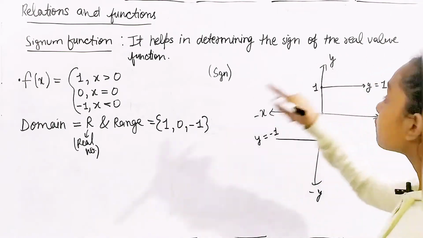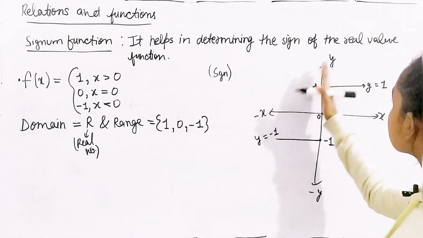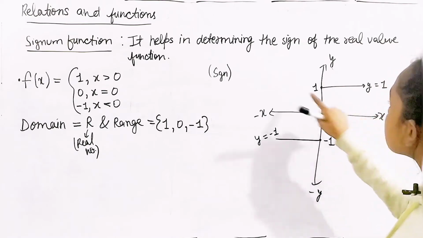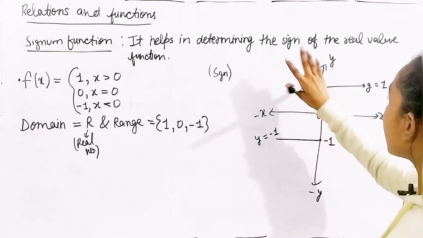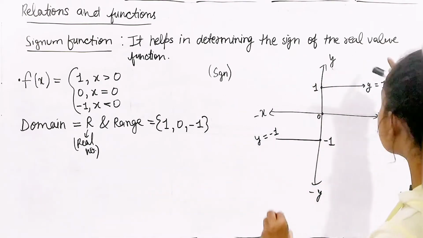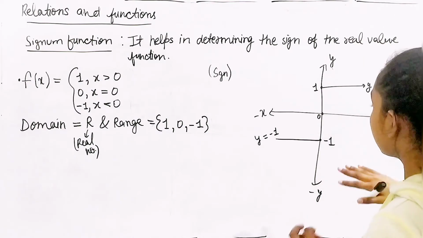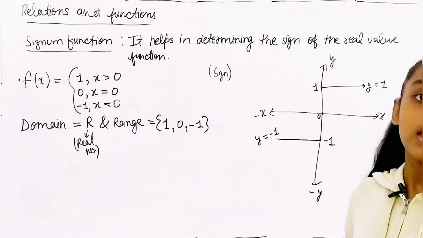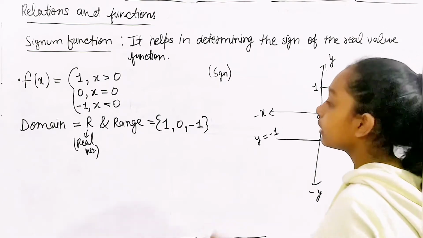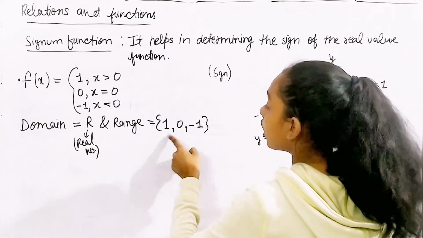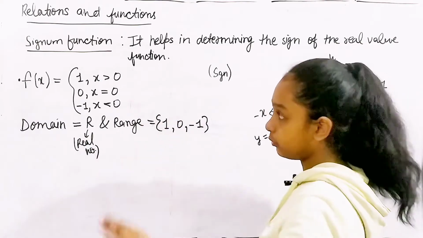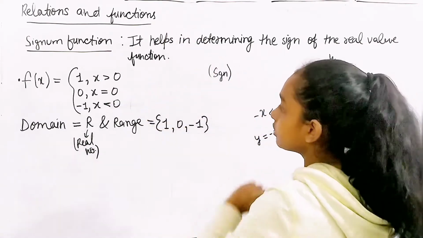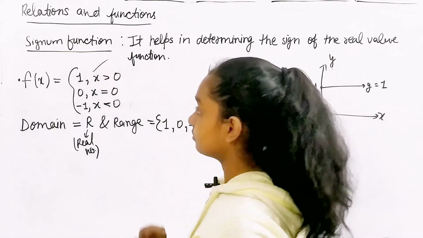The real value function, we can say for now, is y, and it's telling us the sign, whether it's positive 1, -1, or 0. So one thing that's permanent is that the range is 1, 0, -1, and the domain can be any real number. This is what we have to remember in the Signum function.